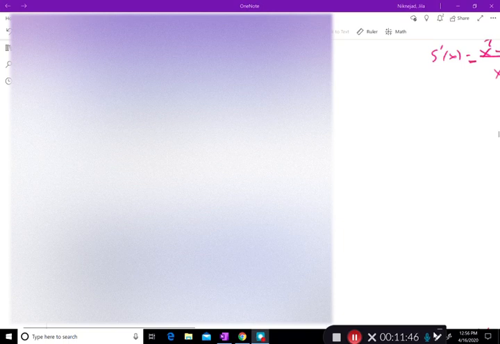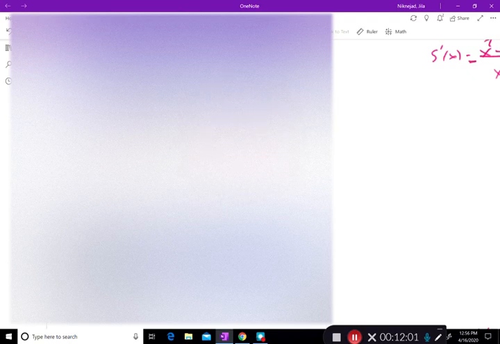So if the sum of the two non-negative numbers is 16, that means, let's say x and y are the two numbers, and x plus y is equal to 16. Now, what is the objective? Objective is the smallest possible sum of their squares.